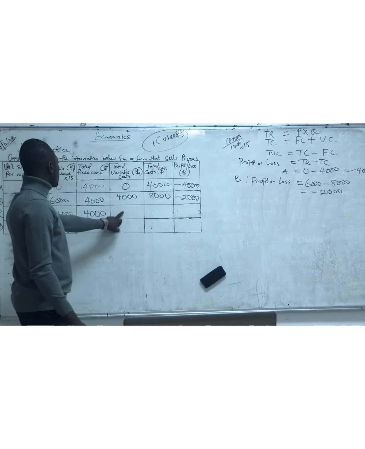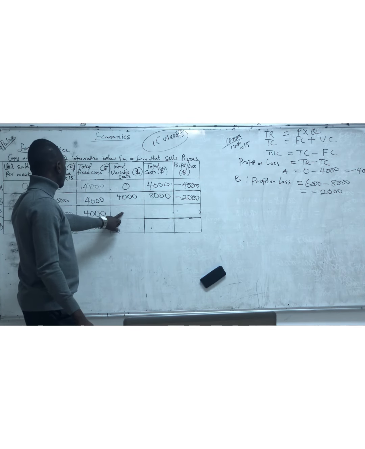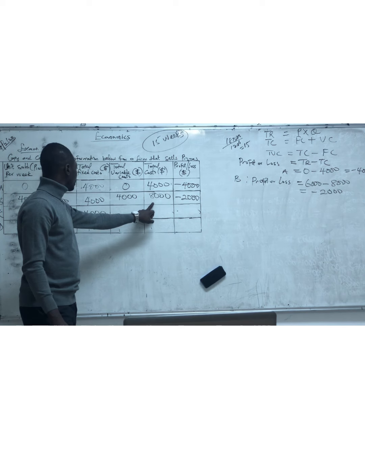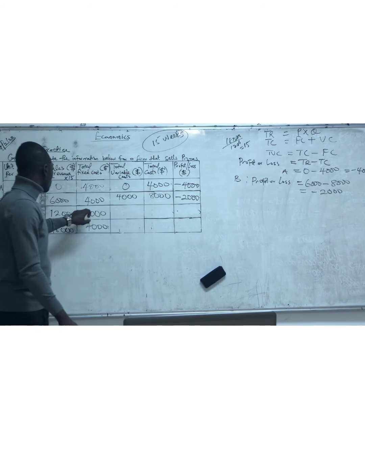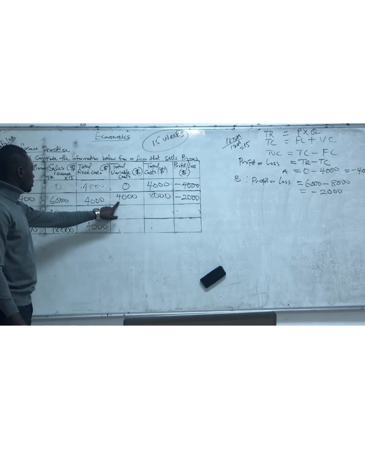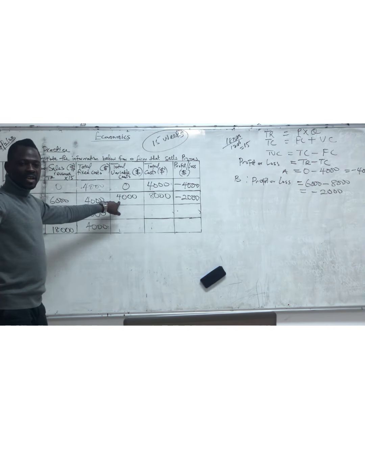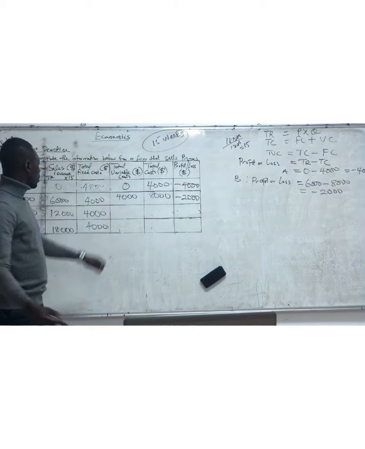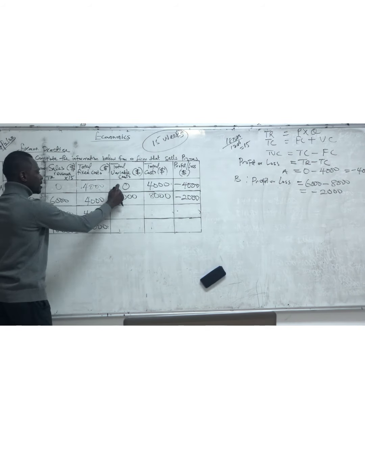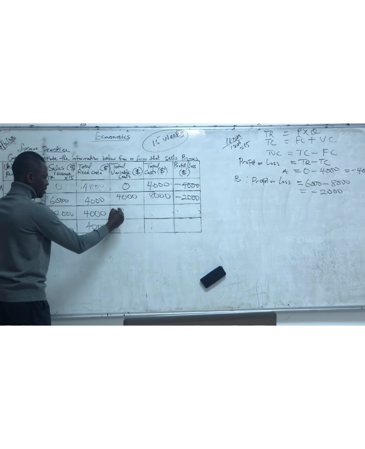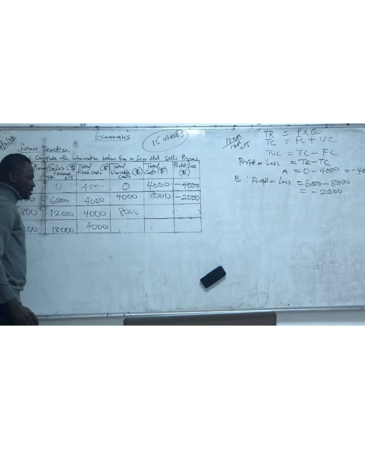We need to know the variable cost here. So how do we get it? This is 4,000 plus 4,000 is 8,000. Are you getting it? So if the variable cost here is 4,000, the variable cost continues to increase as your level of output increases. So 4,000 plus 0 is 4,000. 4,000 plus 4,000, 8,000. Is it clear? Yeah.